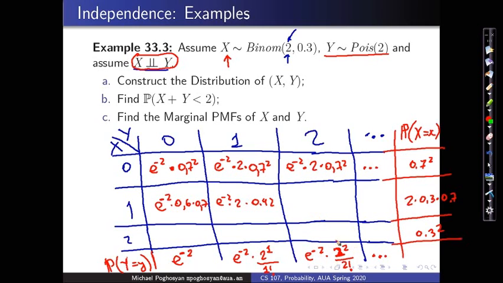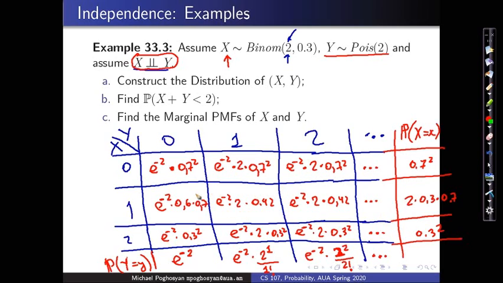So here I need to write e to the minus 2 times 2, if I cancel the 2's, then 0.42, etc. And here I will write the product of this and that, say e to the minus 2 times 0.3 squared. Here I need to write the product of this and that. E to the minus 2 times 0.3 squared, etc. So in this way I will fill my joint PMF.